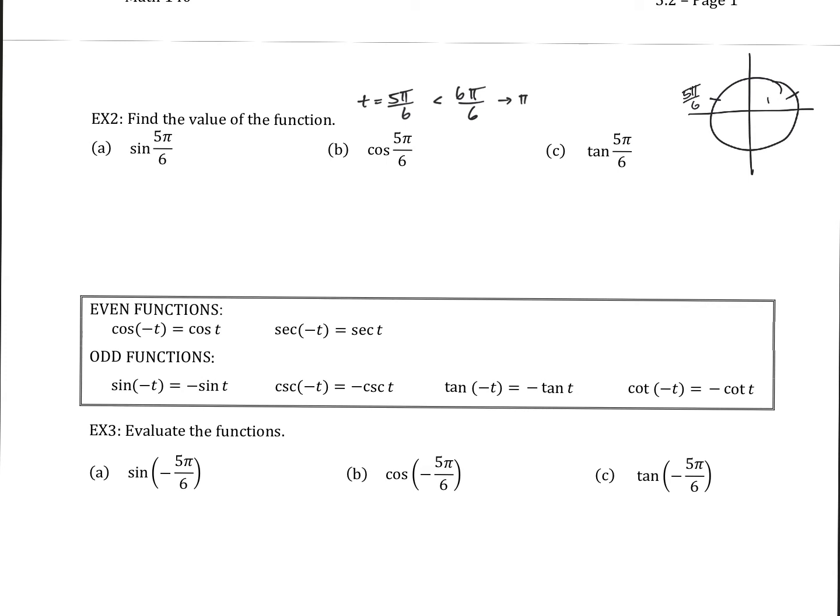And we know the original pi over 6, the coordinates for that are root 3 over 2, 1/2, which means the coordinates for 5 pi over 6 are root 3 over 2, 1/2, but the x value is negative. Let me squeeze that in. Okay, so we found our value. x, y for 5 pi over 6 is going to be negative root 3 over 2, 1/2.